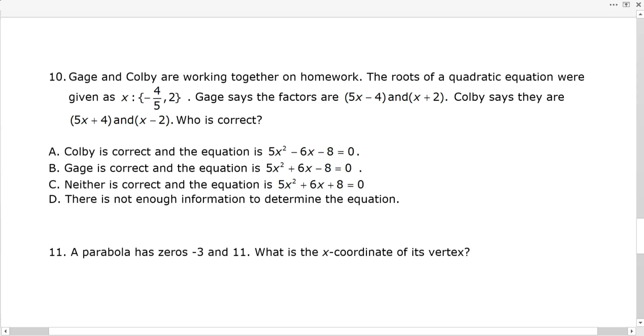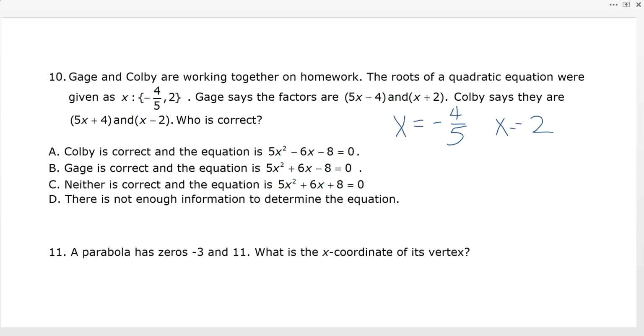Okay, so let's take x equals -4/5 and x equals 2. I'm pretty sure one of them forgot to take the opposite sign. And that's probably going to be, Gage is probably wrong. Because let's multiply times 5.